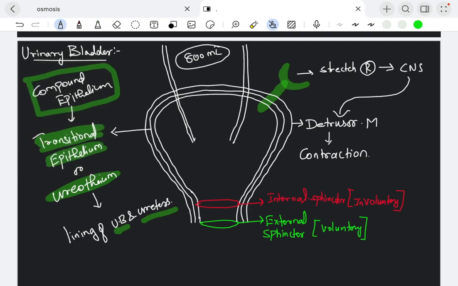We can only control the external sphincter. Both of them are called urethral sphincters.